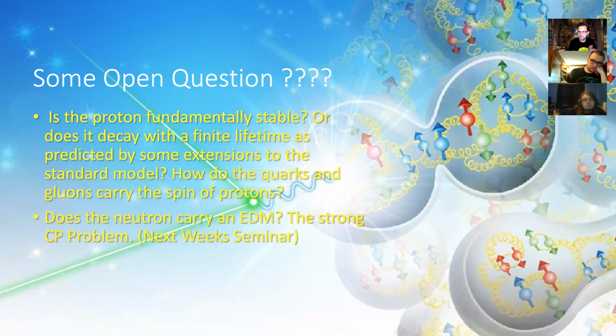It's made of this sea of quarks interacting with one another, exchanging gluons and creating quark-anti-quark pairs. Can we properly calculate how the spin of the proton comes about? Does the neutron carry an electric dipole moment?